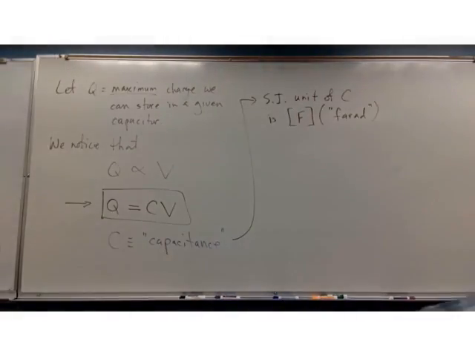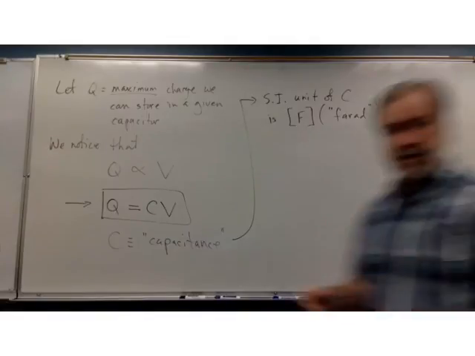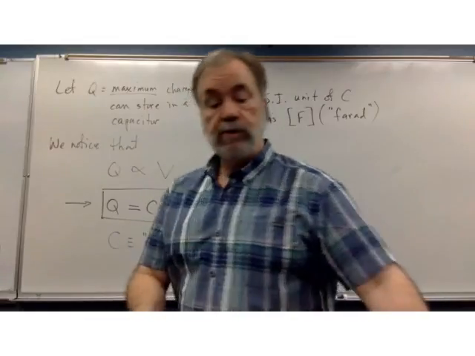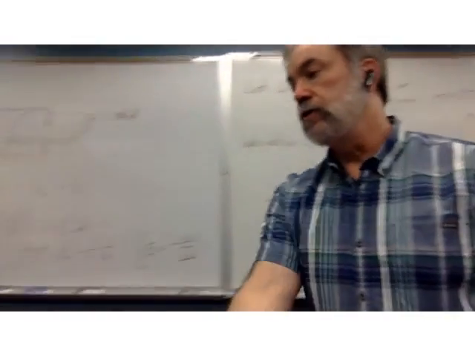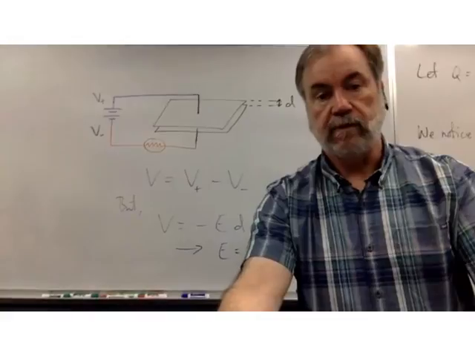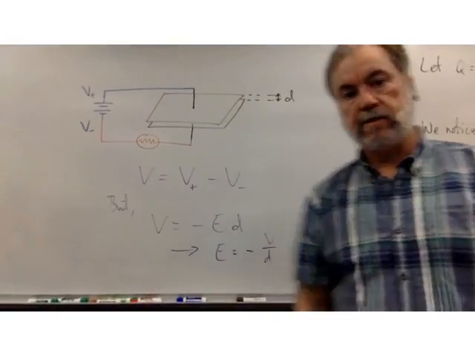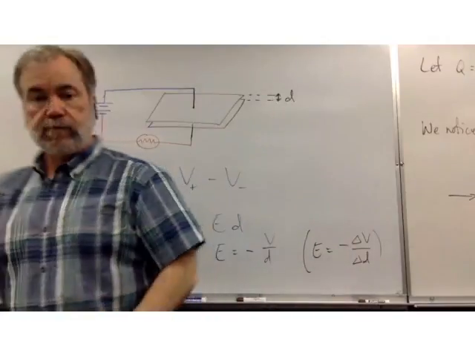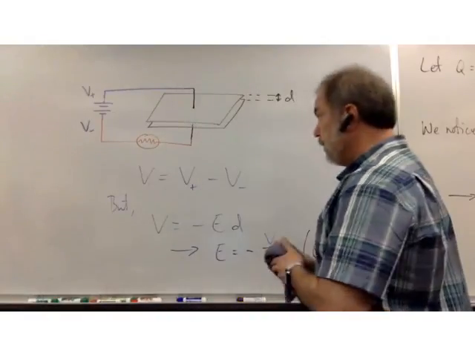So I'm going to calculate for you the capacitance of a so-called parallel plate capacitor, which in fact I have already shown you pictures of. Okay. And so it's this. And in fact, I think I'm going to go ahead and use this diagram with some slight modifications.